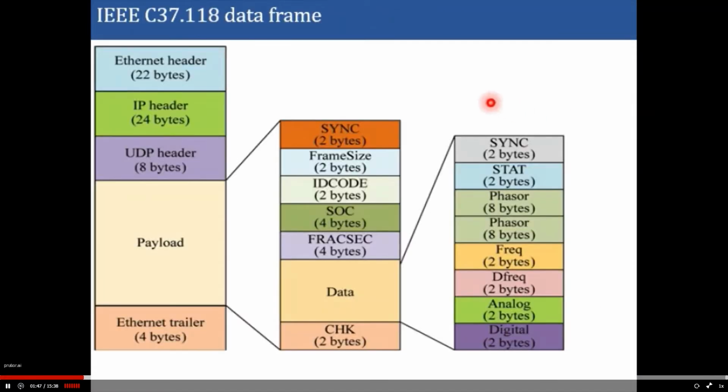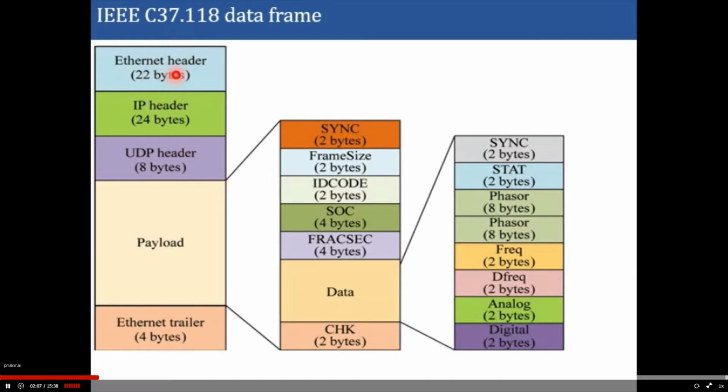Now let's talk about the C37.118 data frame. So if you see on the left, it is a standard TCP/IP packet where the Ethernet header and Ethernet footer are on the top and bottom.